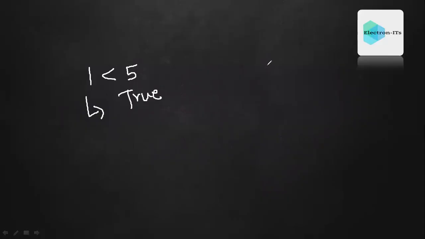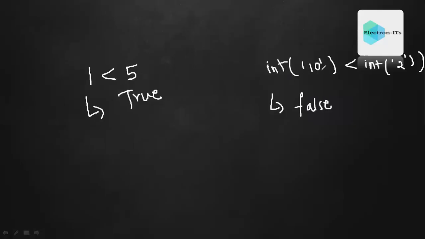Similarly, int of 10 is less than int of 2. So this is nothing but false, because the integer of 10 is 10 and the integer of 2 is 2. So 10 is not less than 2. So that's why this expression is false.